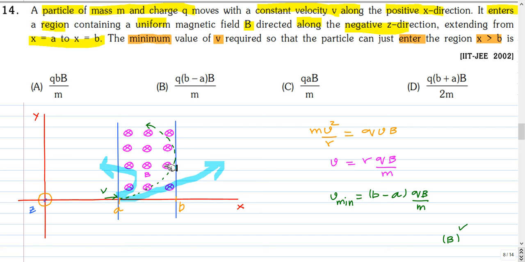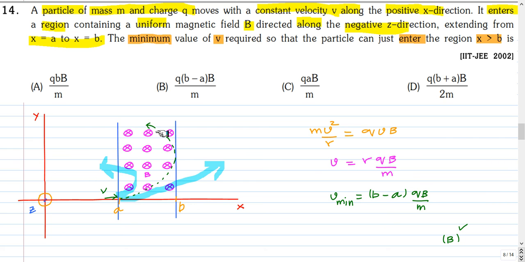So to find the minimum velocity for which this particle will enter the region x greater than b, the velocity corresponding to this limiting value we can find by using mv square by r equal to qvB. The force acting on a charged particle is qv cross B. Here v and B are perpendicular, so qvB. From this we get the velocity as r into qB by m.